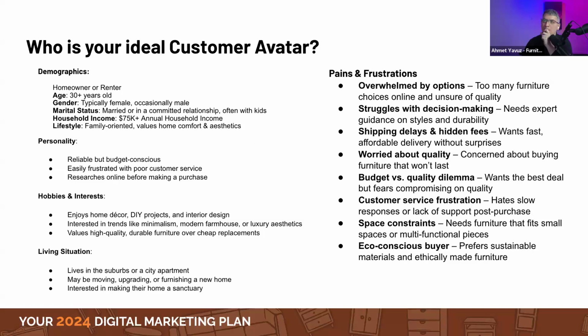First, you should know your ideal customer avatar, their demographics. If you are a local store, you should know the people around you. It depends on the density, but you should know your 30-mile radius.